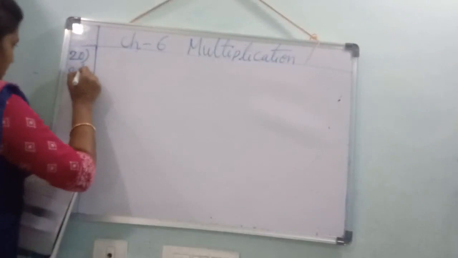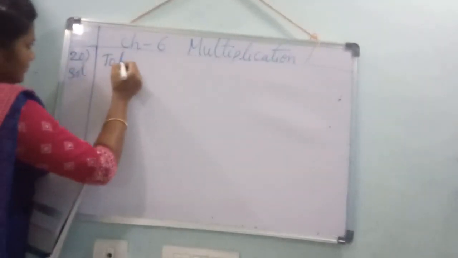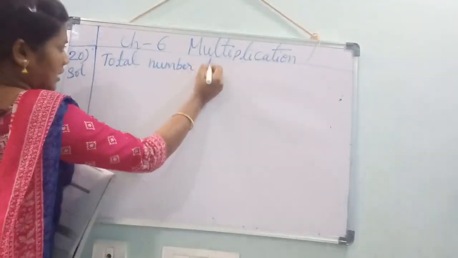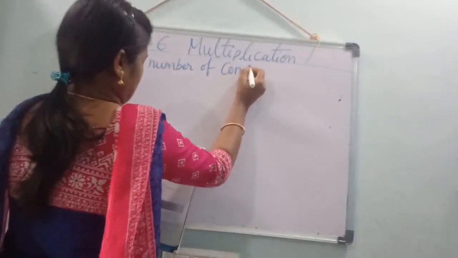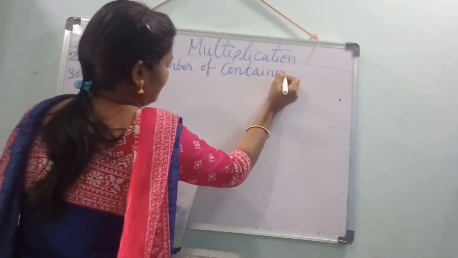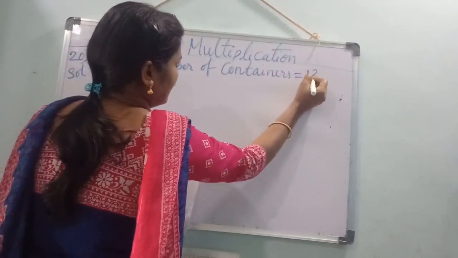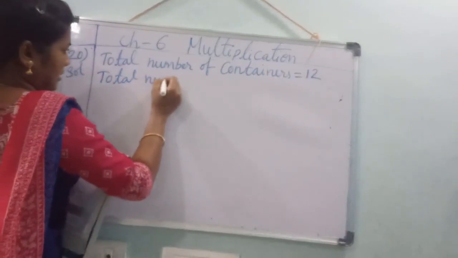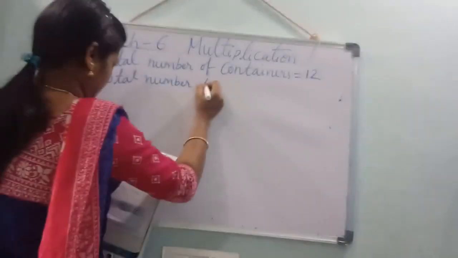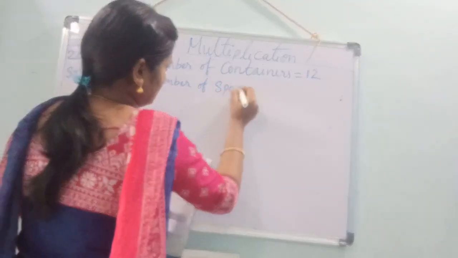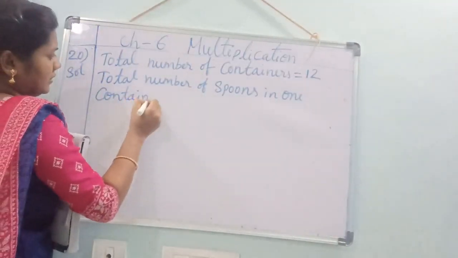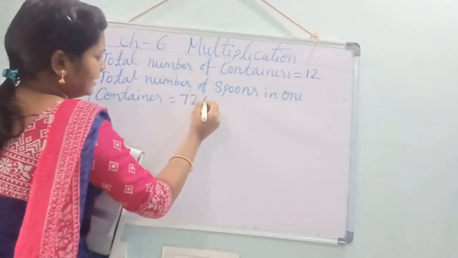20th solution. Total number of containers, how many? 12. Total number of spoons in one container is equal to 720.